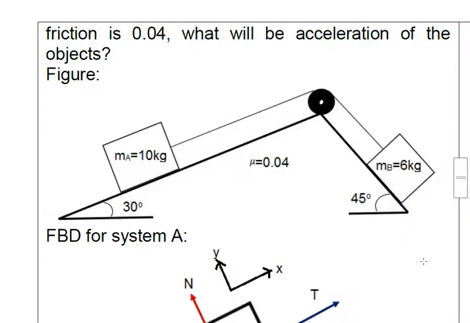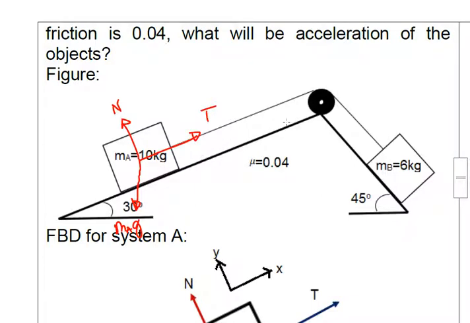Just like with the previous example, problem number 4, I guess you're going to do the same with each block. So you have your tensional force, let us call this one T, you have the normal force, and then you have the weight going downward, that is m_A times g, and of course the friction.